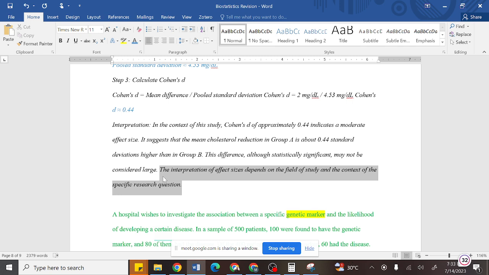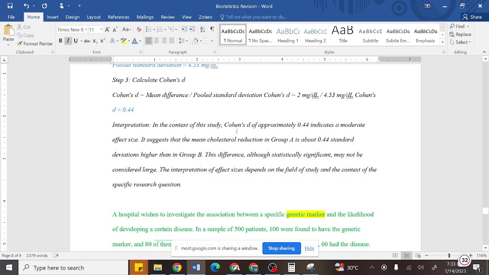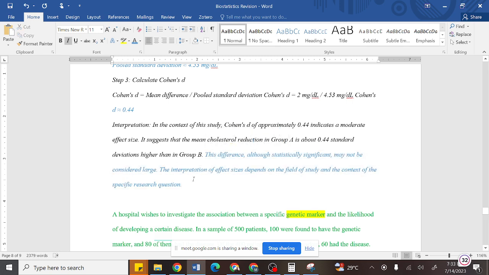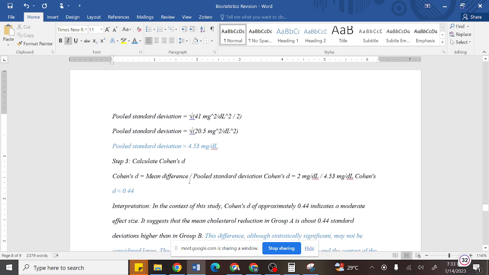And many other factors. This means that the interpretation of Cohen's d is not straightforward like what we had in odds ratio. You get above this, it means this. You get below this, it means this. You get 1, it means this. Here, you have other factors to look at to determine what Cohen's d may actually mean.